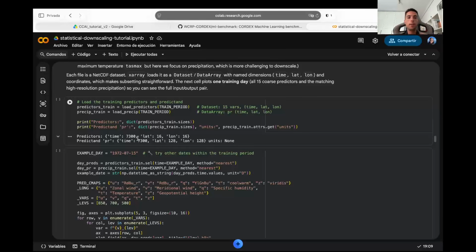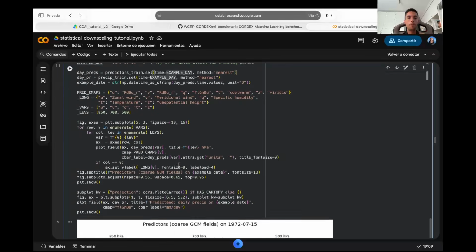We have daily data, and this spatial resolution for the predictors and this spatial resolution for the predictand. Of course, the spatial resolution of the predictand is larger because it has a higher spatial resolution. That's what we are trying to do with this deep learning model: go from the coarse resolution to the high spatial resolution.